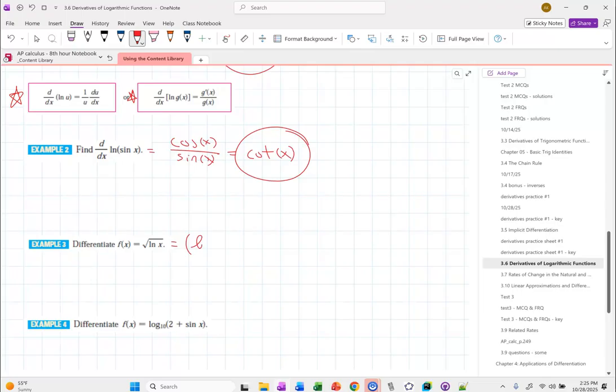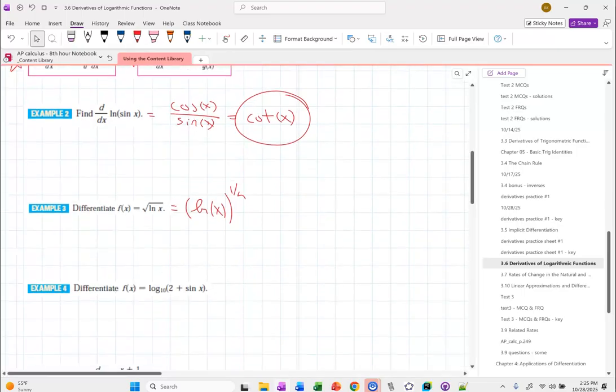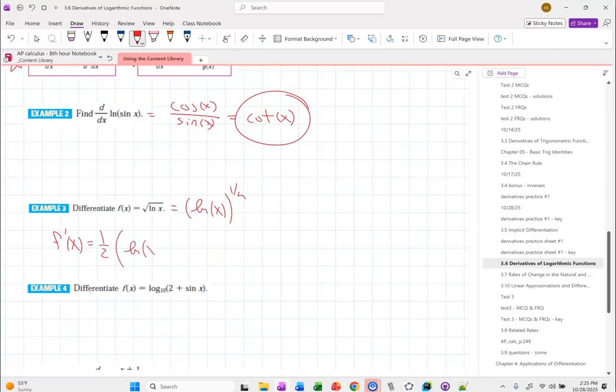So I would just think about this way. The derivative of the outside is 1/2 stuff to the negative 1/2, and then times the derivative of the inside. Does everybody see it?